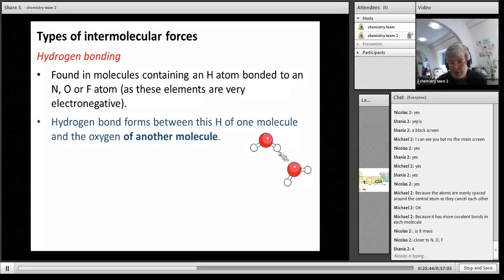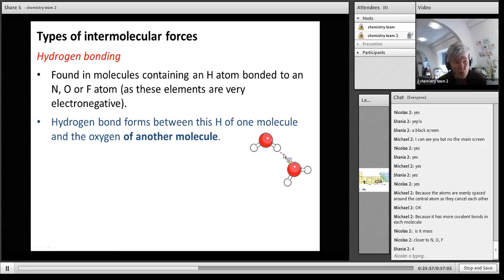So if you don't think you can explain it in words, draw a picture like this and label the hydrogen bond, so it's very clear to the examiner or to the teacher that you know that the hydrogen bond is between the two molecules and not this covalent bond. Is that clear?